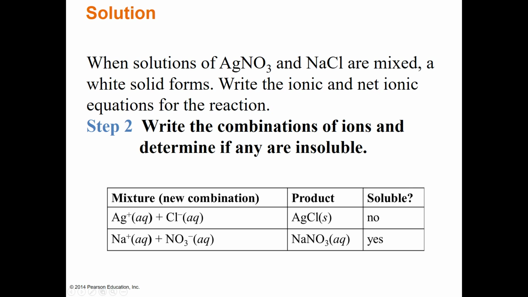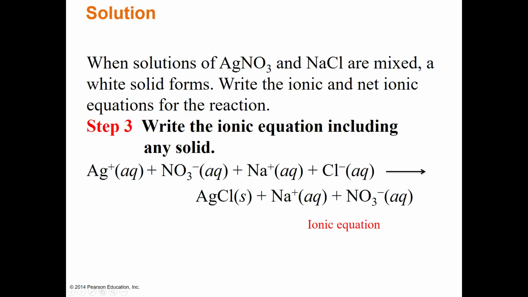Once you've written down this equation, your next step is to decide if either one of these is insoluble. And if you look at the rules, you're going to see that this silver chloride is insoluble and sodium nitrate is soluble. That's when you write your complete ionic equation, and in your complete ionic equation, you're going to show the silver chloride in the undissociated form, because you first decided that that's your insoluble product.